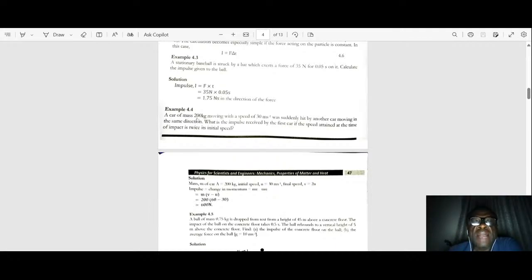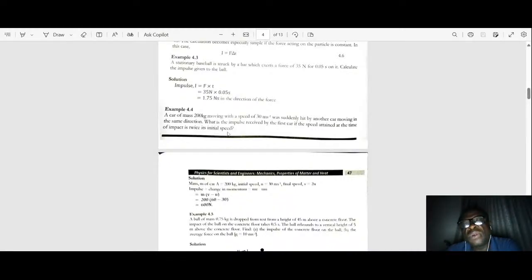A car of mass 200 kg moving with a speed of 30 meters per second was suddenly hit by another car moving in the same direction. What is the impulse received if the speed attained at the time of the impact is twice its initial speed?